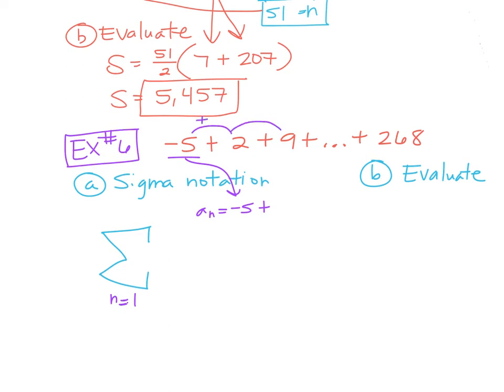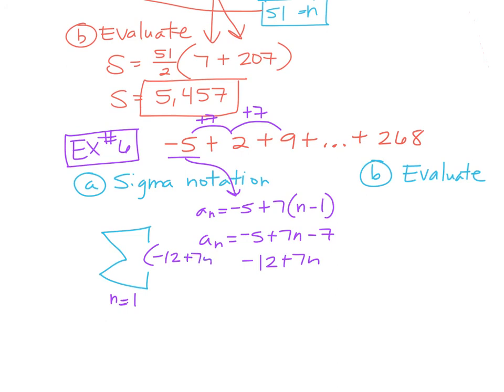Each one of these we are adding 7. We actually did this exact problem yesterday. 7 times n minus 1. So when we simplify that, a sub n equals -5 plus 7n minus 7. So -12 plus 7n. Okay, so that's our explicit formula. Sorry, I got a little messy there.